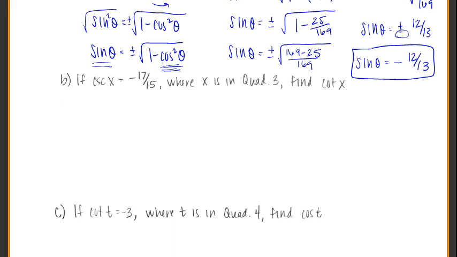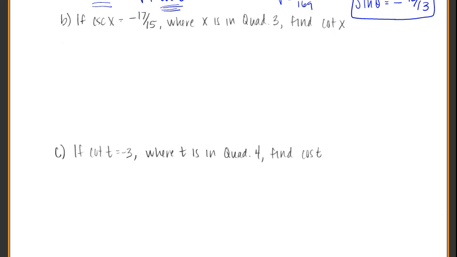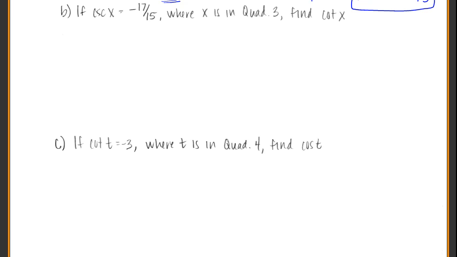So let's go on to our next one. It says if cosecant is negative 17/15 and x is in quadrant 3, we want to find cotangent. So is there a quick relationship between cotangent and cosecant? Well, we know that cotangent squared x plus 1 is equal to cosecant squared x.